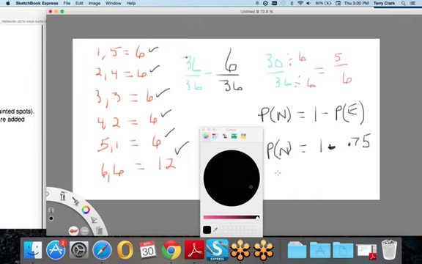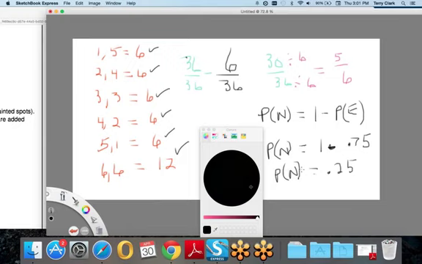Okay, so the probability that it will not rain will be 1 minus 0.75, which would be 0.25, or 25%. So the probability that it won't rain will be 25%, if the probability that it will rain is 75%. The two have to add together to equal 100. And so that 1 is really 100%.